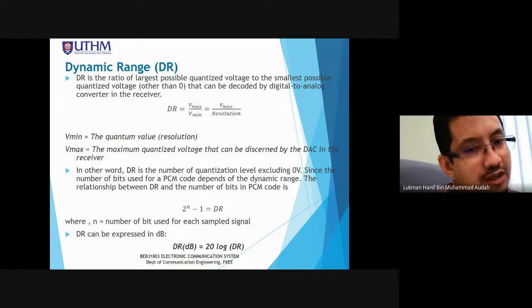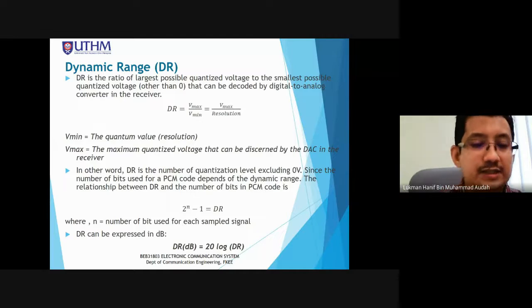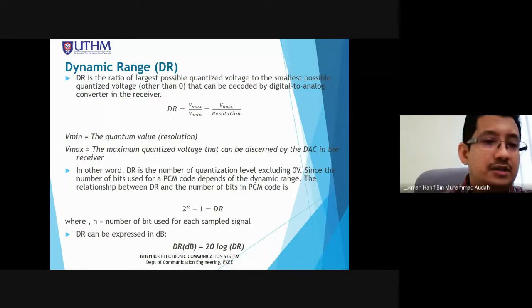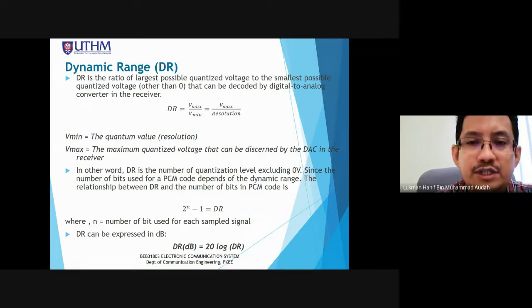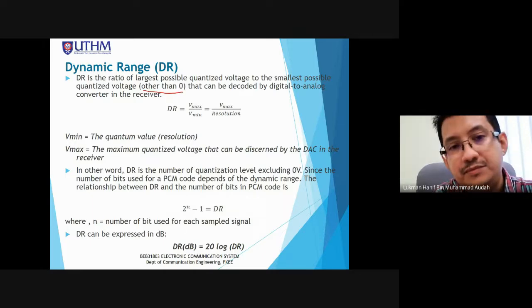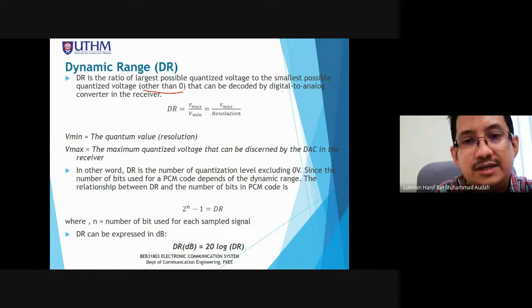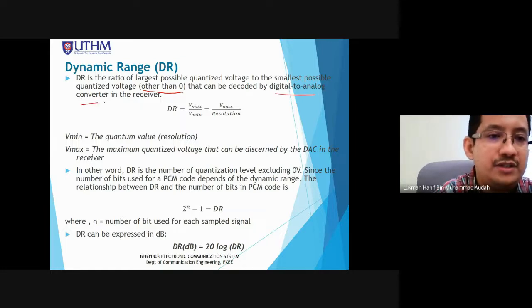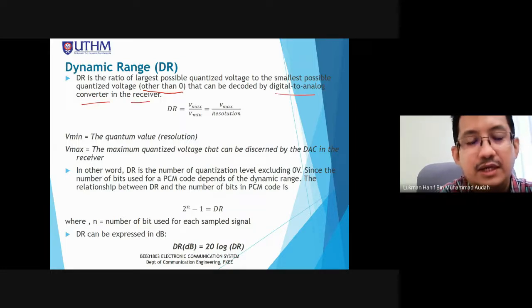Dynamic range ini kita dah lihat dalam example tadi. The dynamic range is a ratio of the largest possible quantized voltage to the smallest possible quantized voltage other than 0 volt that can be decoded by the digital to analog converter in the receiver.